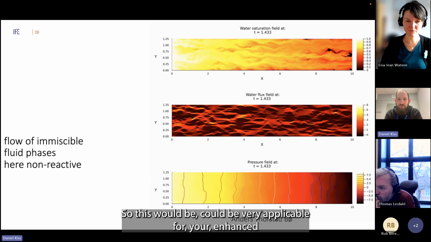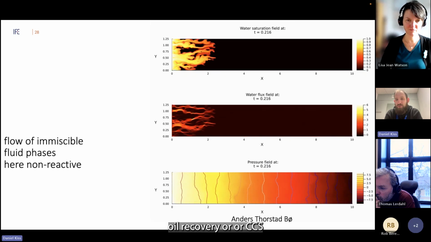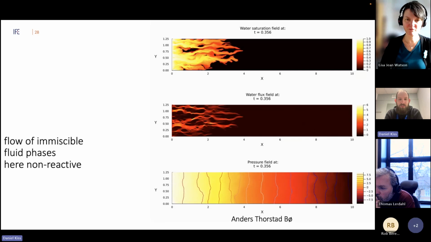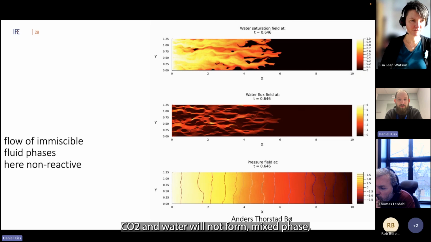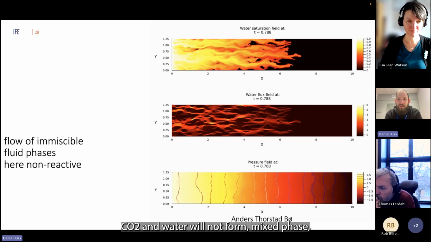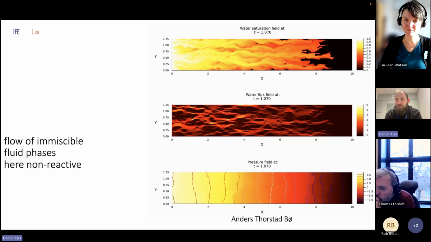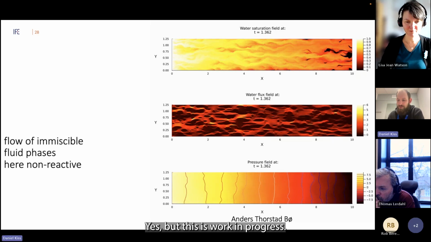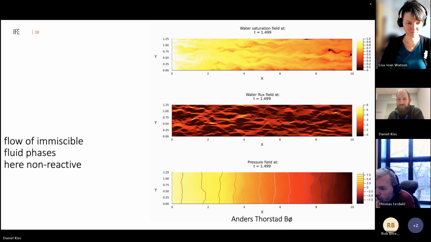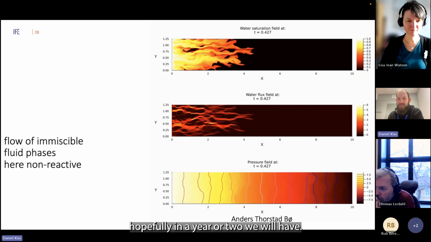So this could be very applicable for EOR, enhanced oil recovery, or CCS, where depending on the conditions, it's very likely that CO2 and water would not form a mixed phase, but they would behave in a way like oil and water. Yes, but this is work in progress. So far, there is no mechanics in this picture, but hopefully in a year or two we will have.